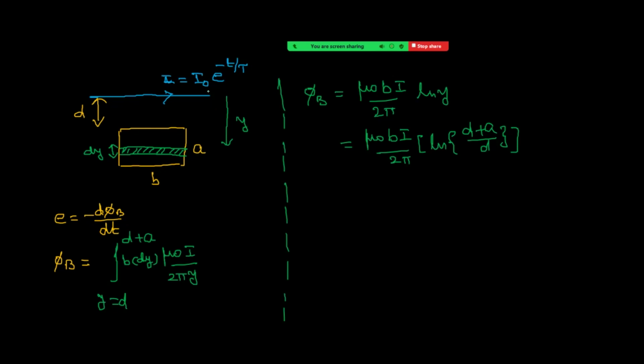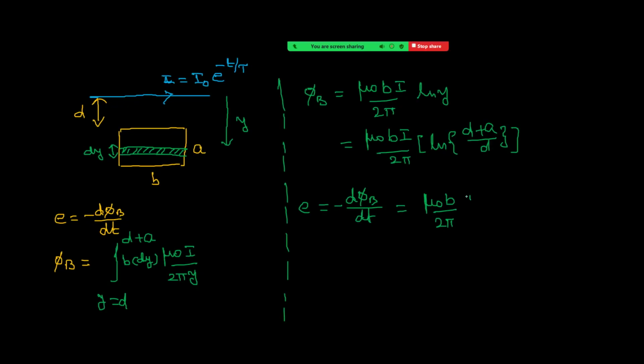And we are given this current as a function of time. Therefore, let us focus on the modulus, okay. It is dΦ by dt, actually minus dΦ by dt. So here, except I, all the remaining are constants: mu naught b upon 2 pi. See, what is now the derivative of I?